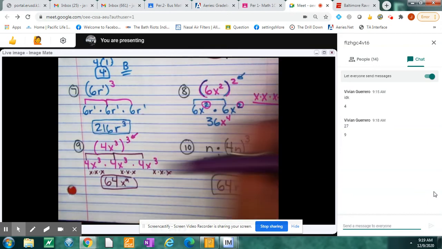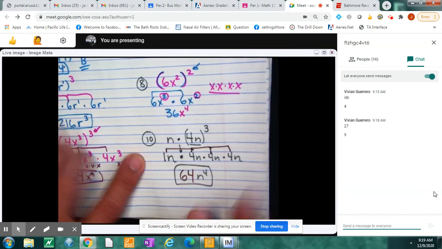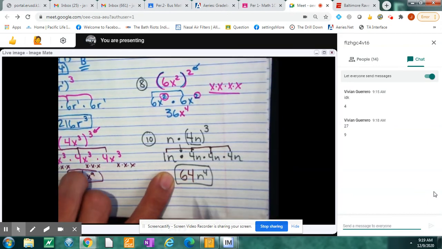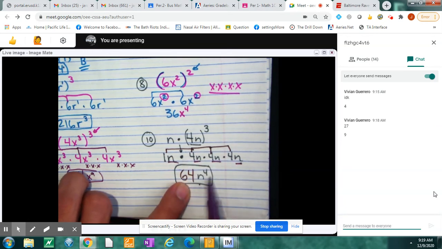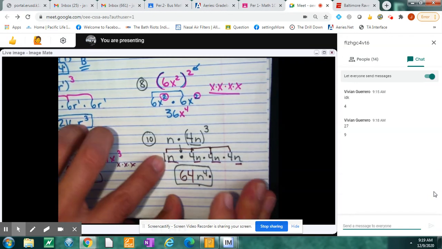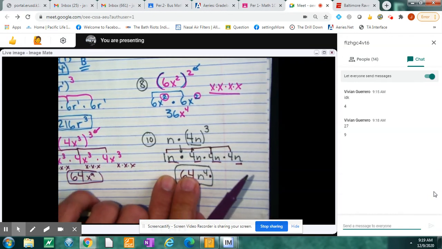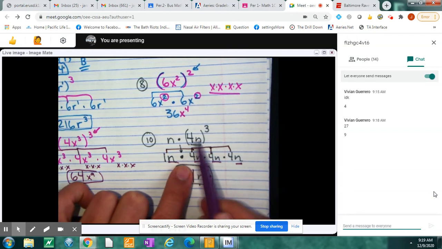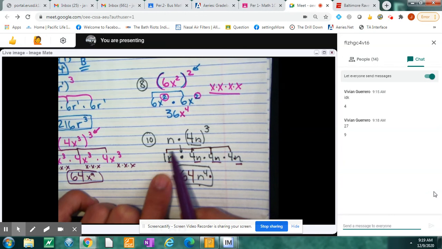All right, so here we go. Number 10. You see how there's 1, 2, 3, 4. So n to the 4. That's it. So this is your answer for number 10, because we did 4n to the third, 4n times 4n times 4n, and then times 1n.